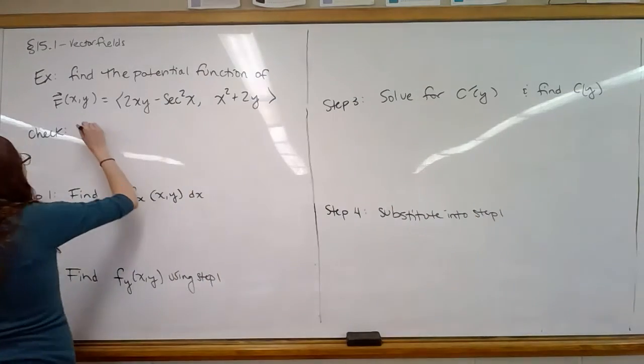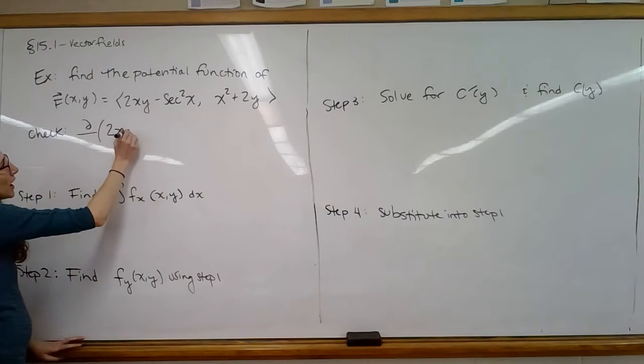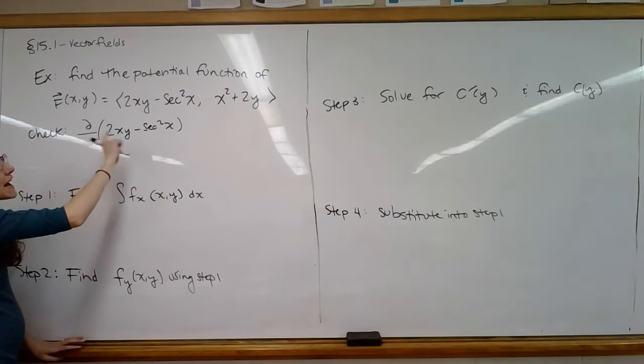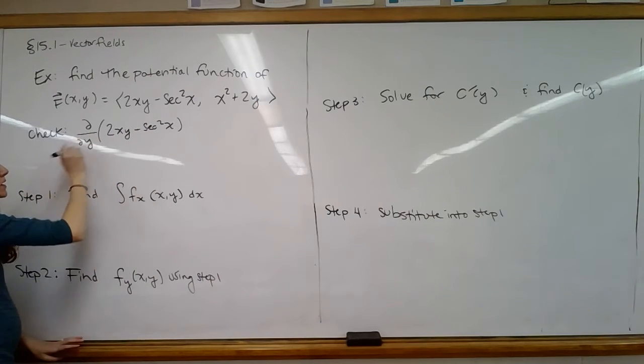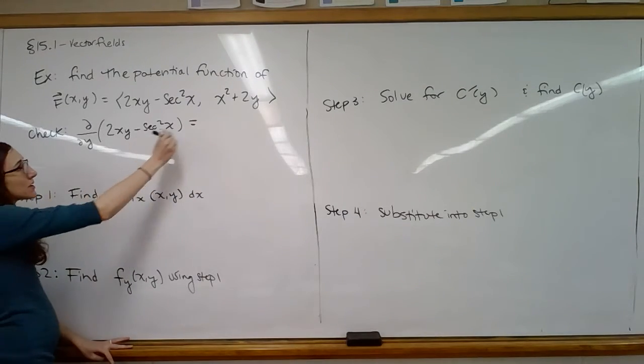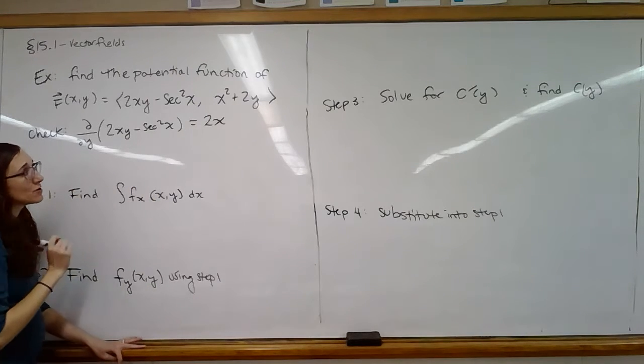So we're going to take the partial derivative of the first component, which is 2xy minus secant squared x. That's the x component, so we're going to do the partial with respect to y. The first piece comes to 2x, and then the secant squared x will just be 0.